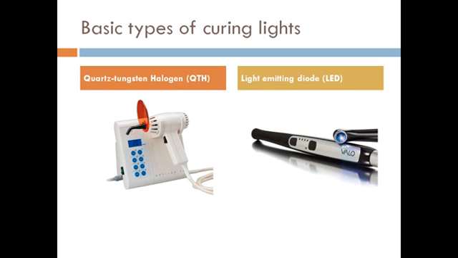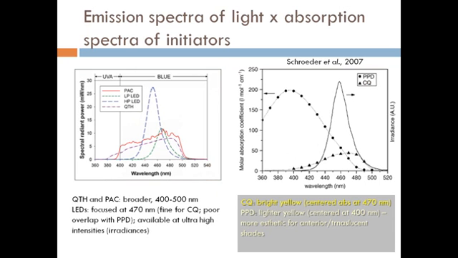Here are 2 pictures showing you the differences: a good quartz tungsten halogen light and another good LED light. The compatibility between LEDs and the initiator comes into play on this slide. These are the emission spectra of different lights. We're not going to look at the other lights, but let's look at one LED versus another LED versus a quartz tungsten halogen light.